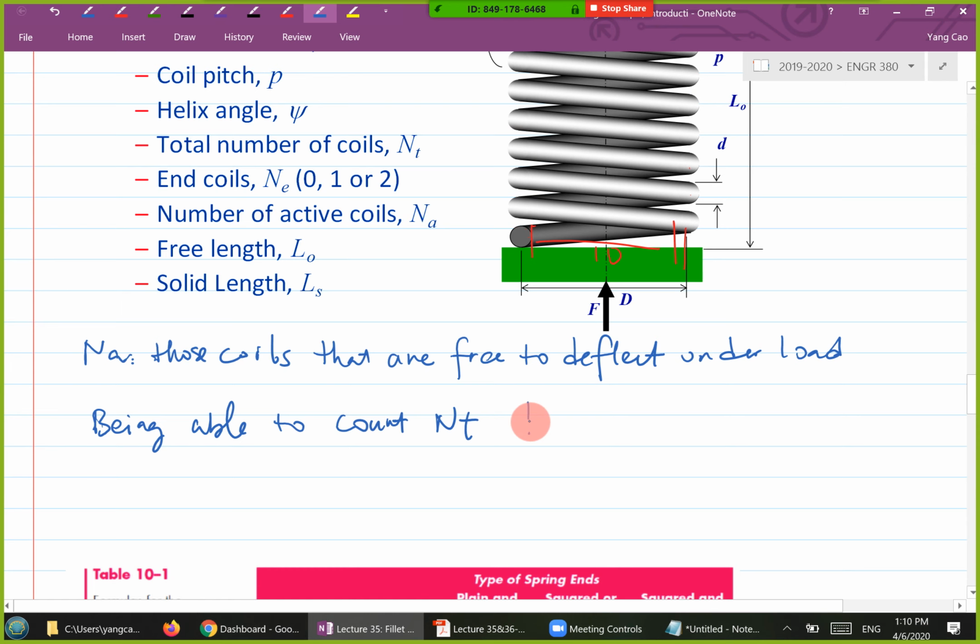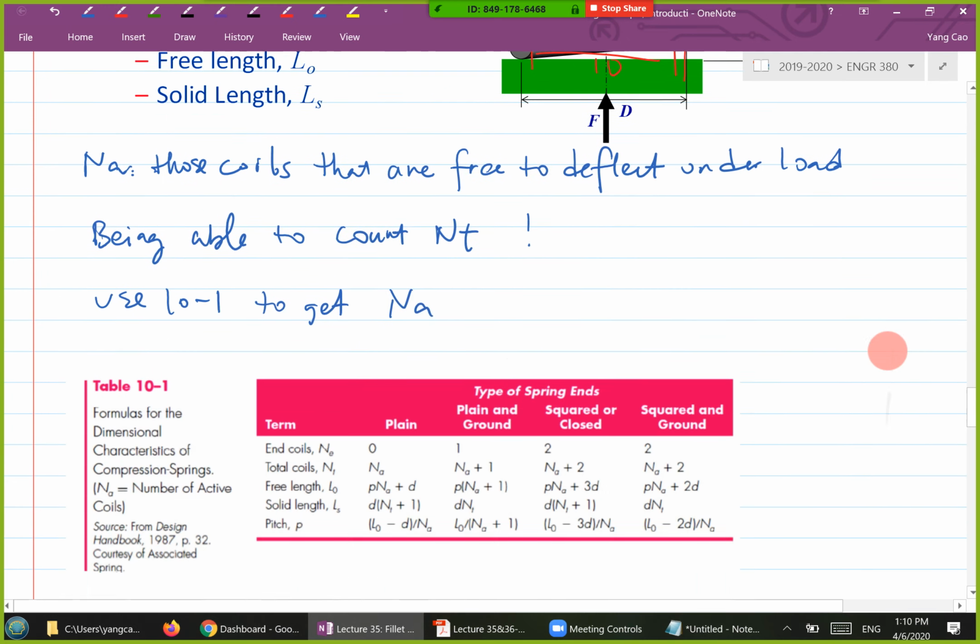So how do I find this NA for different types of springs? We will use Table 10-1 as a good source to get NA. Here's Table 10-1.